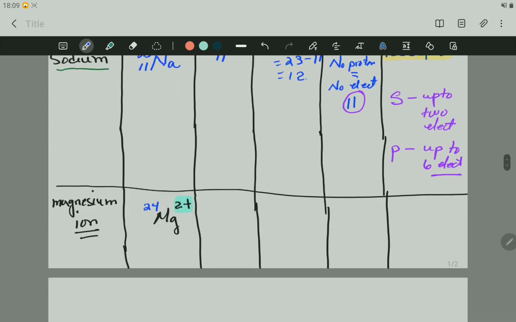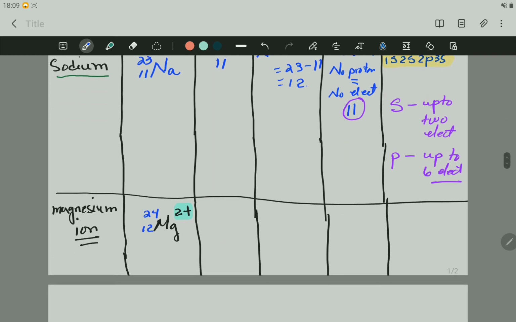So it is 12. How many protons does magnesium have? It has 12. How many neutrons? It is equal to A minus Z, which is 24 minus 12. It is equal to 12 neutrons. Okay, now how many electrons?